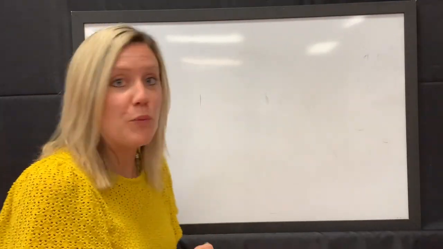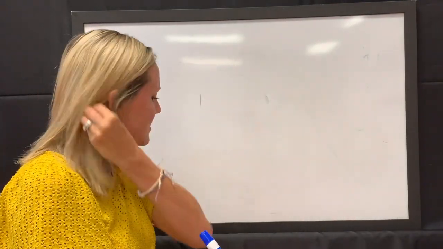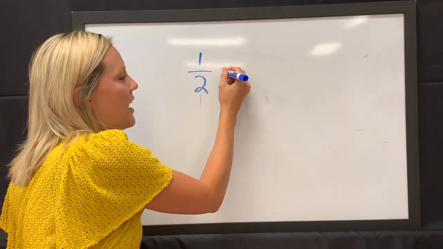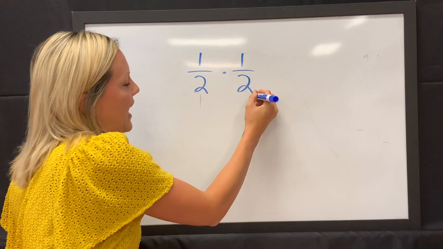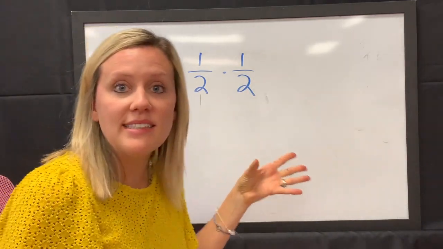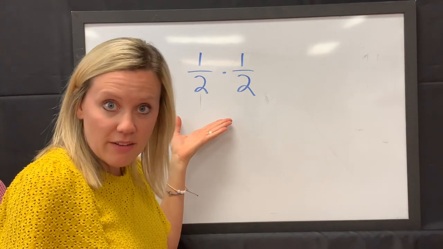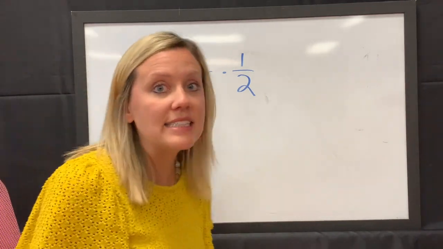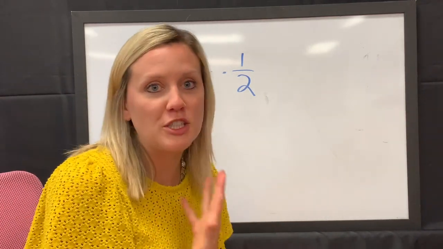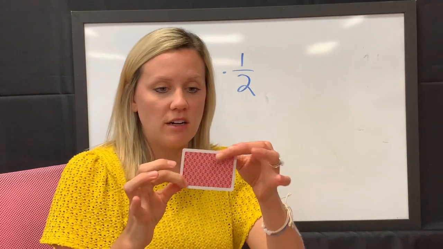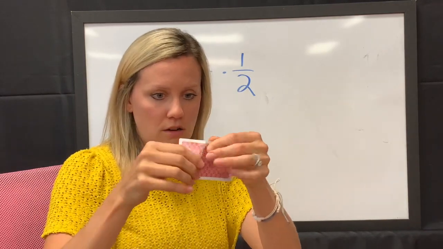Let's pretend we had 1/2 times 1/2. So this is basically saying, what is 1/2 of 1/2? Let me just show you one last picture example, and then we'll just get right to the algorithm. So here's just a card. 1/2 of this card looks like this.